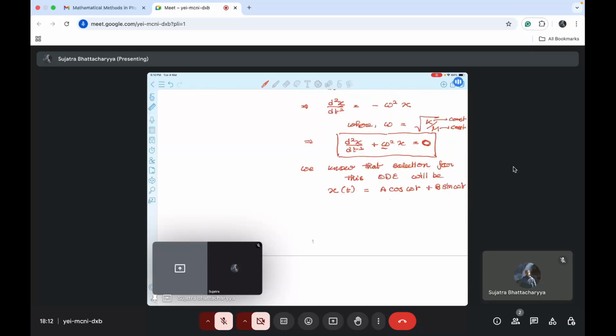And this particular solution represents oscillation, with angular frequency ω. This is what we generally deduce from the spring-mass system, and this is how the differential equation is found.